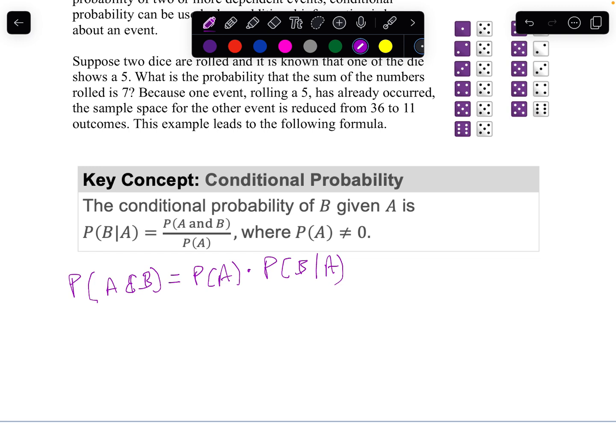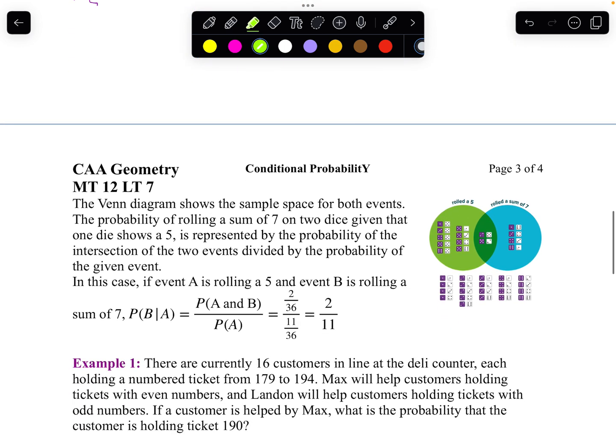Well, now we're just going to rewrite it. I want to get the probability of B by itself, so I'm going to say the probability of B given A is the probability of both divided by the probability of A. Notice, what I'm given is what I divide by. That's the key.